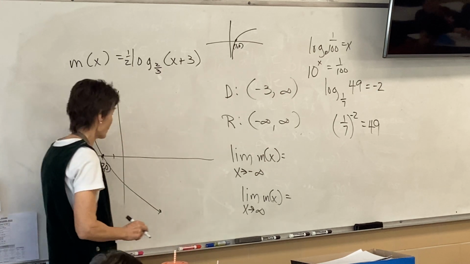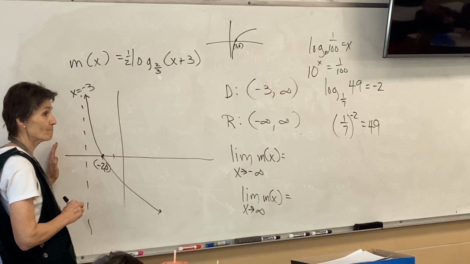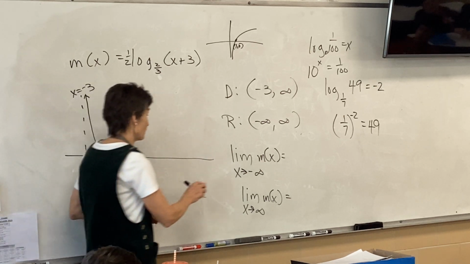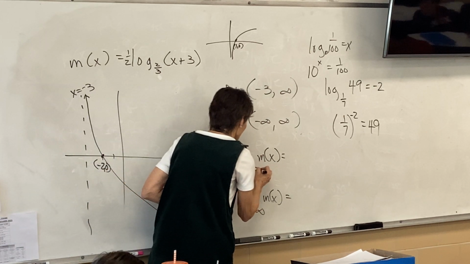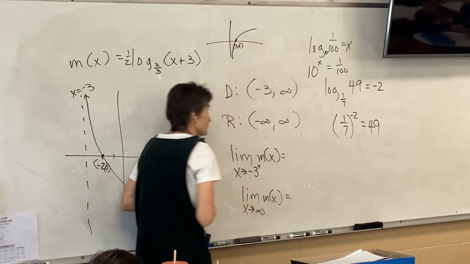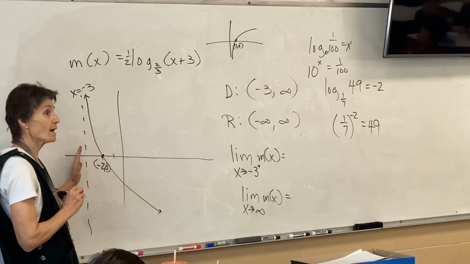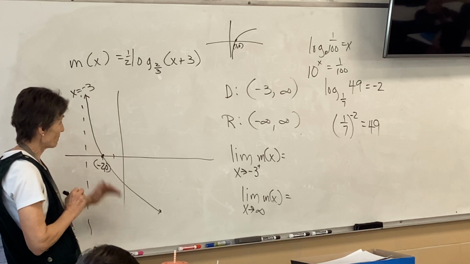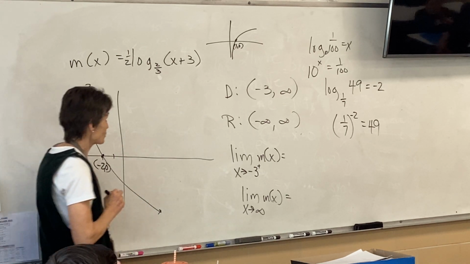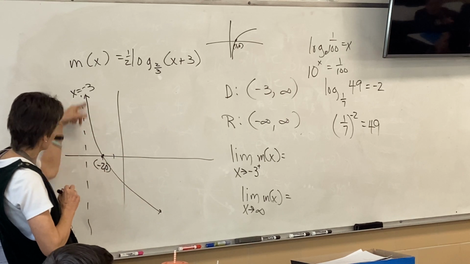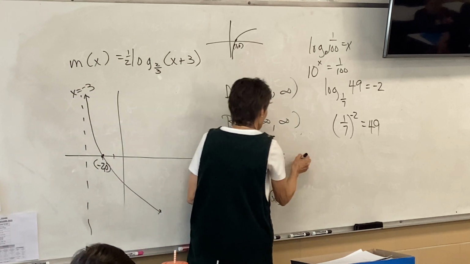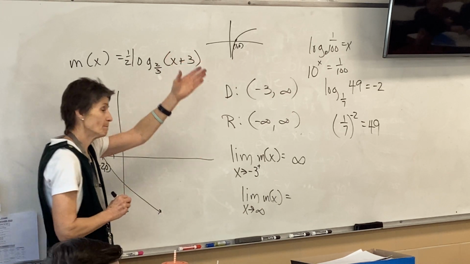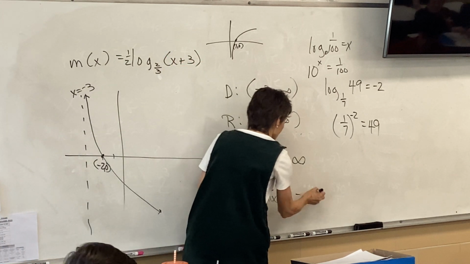But when I do a logarithm, I have to modify that. So what am I approaching on the left? Negative 3. I'm still coming at it on the right side, on the positive side, but I'm approaching negative 3. So what's happening as I approach negative 3? Positive infinity. And what's happening as I go off the page this way? Negative.